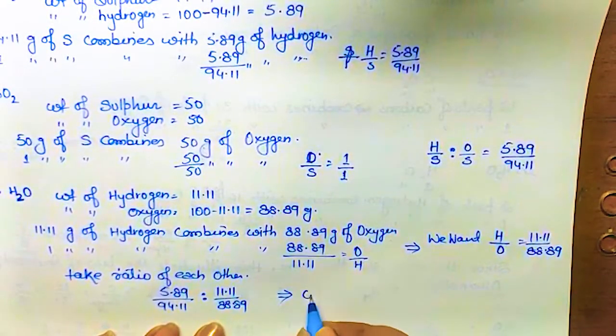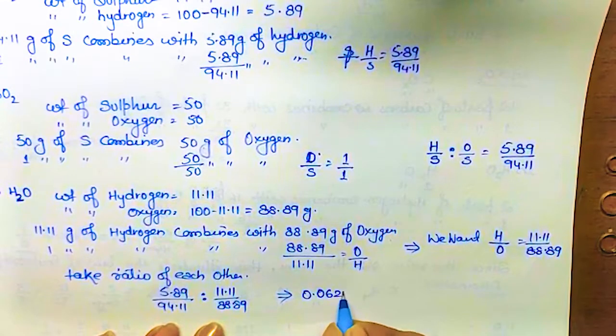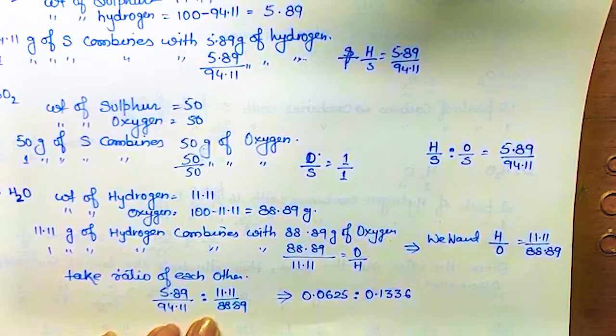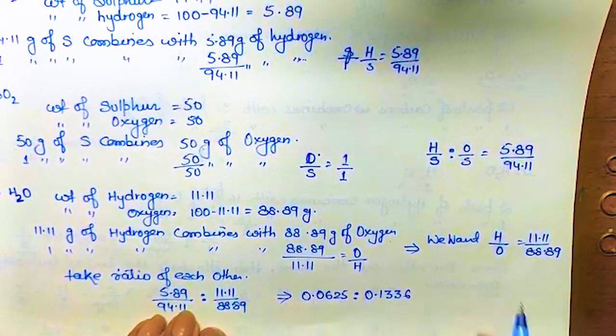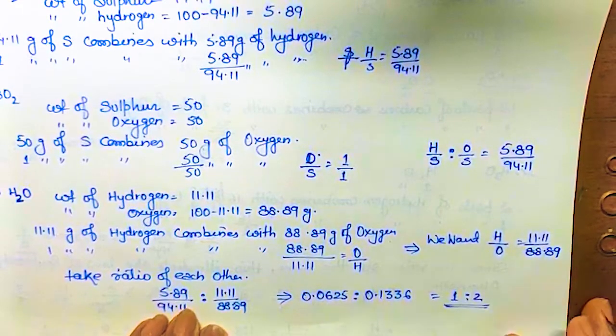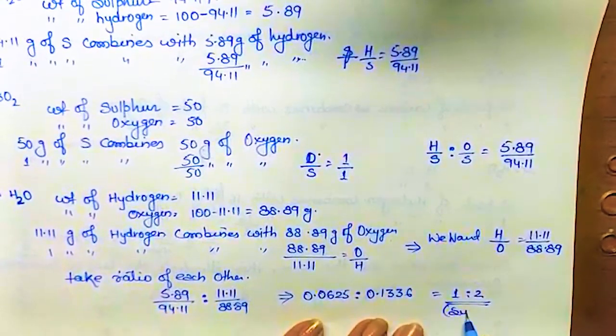Okay, so this comes to 0.0625, and solving this, 0.1336. Okay, so the ratio of these two is almost 1:2. So what we got is a simple whole number ratio.